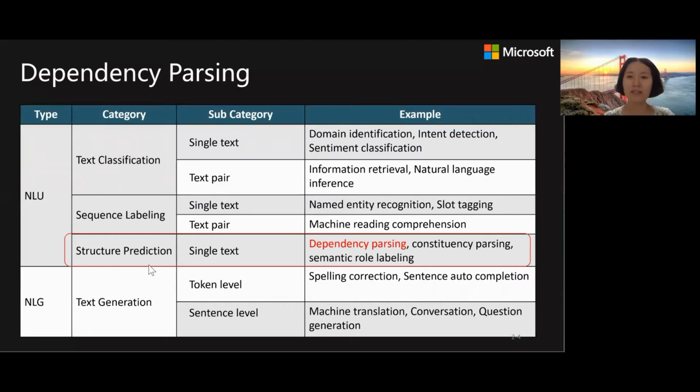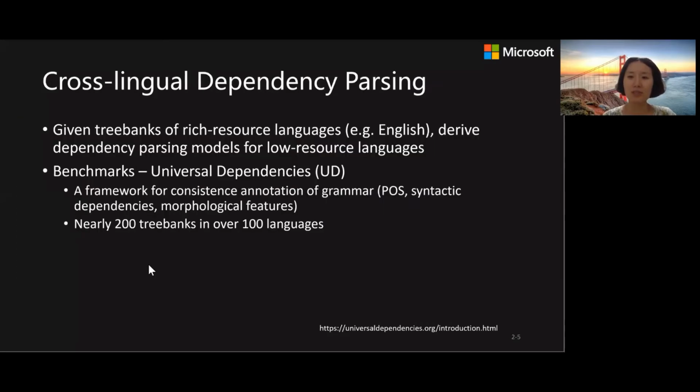To echo the taxonomy of NLP tasks in Daxin's slides, we can see that dependency parsing is a structure prediction task with single text as input. Similar to other NLP tasks, we usually have rich annotated data for some popular languages, such as English.